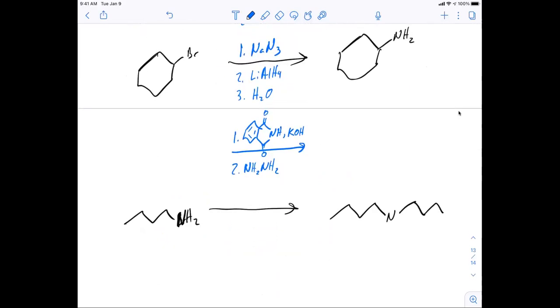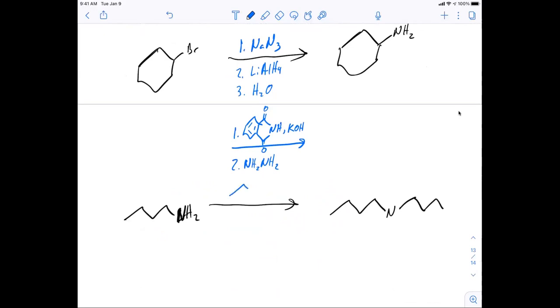And then the last one, this one's a little different because it's in a reverse order, right? We have the amine. Now we could have just added this and that. But what did we say about this reaction?